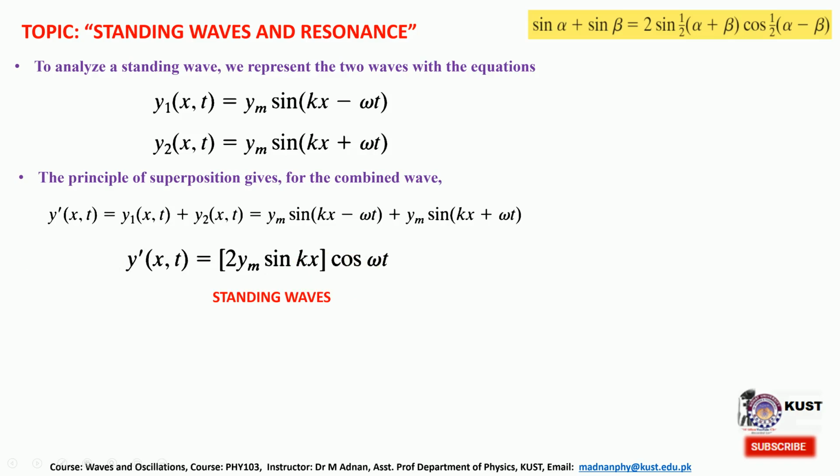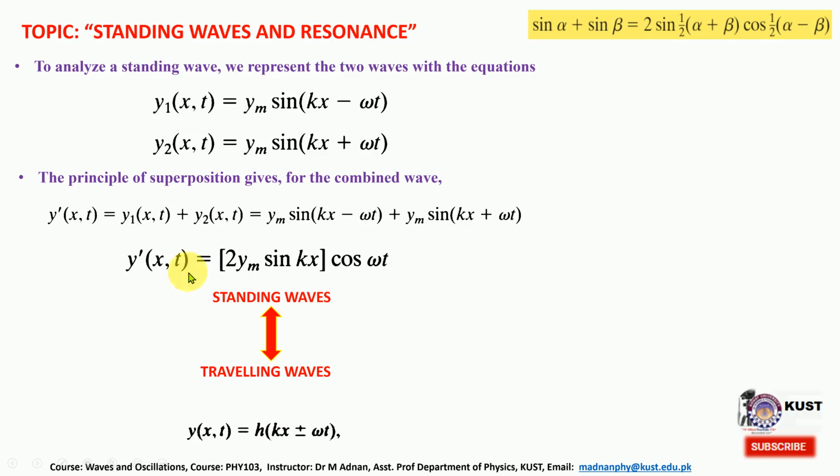Just to compare this result with the traveling wave solution, if you remember, we started with the traveling wave in this course, and we know that y is a function h, let's say a harmonic function, of kx minus omega t.